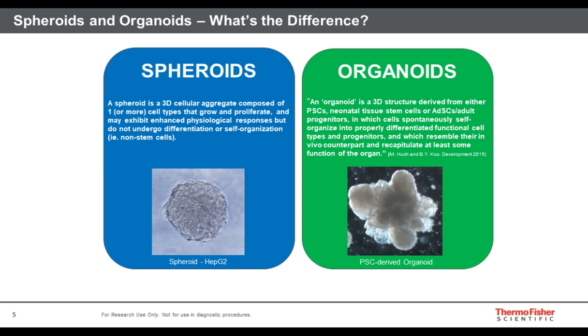But for our purposes, a spheroid is really just a 3D aggregate of a cell line or primary cells that self-aggregates into what almost looks like a ball of cells. The cells in these spheroids are able to grow and proliferate, and they may display some altered or enhanced physiological responses compared to their 2D counterparts.